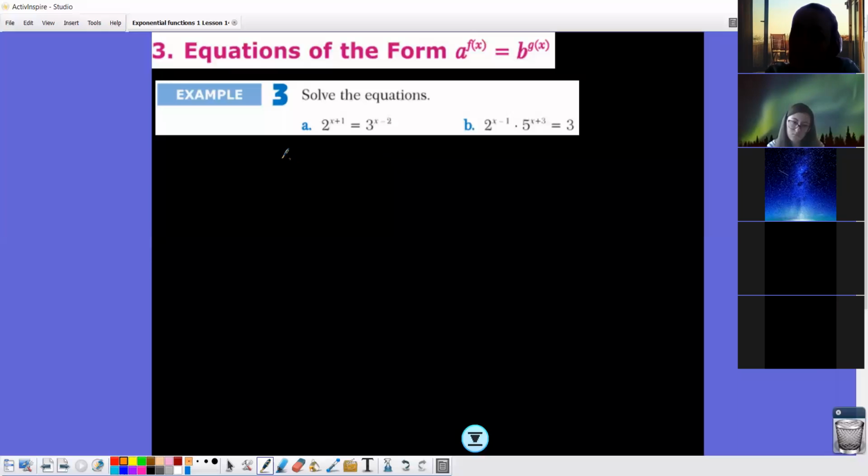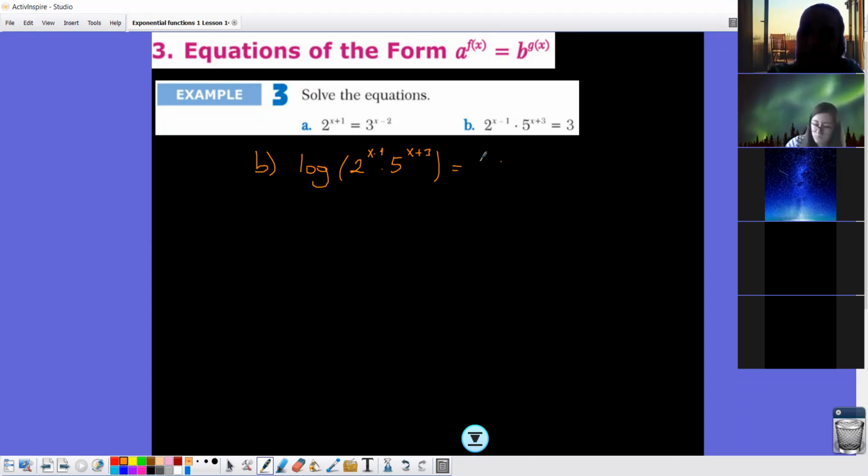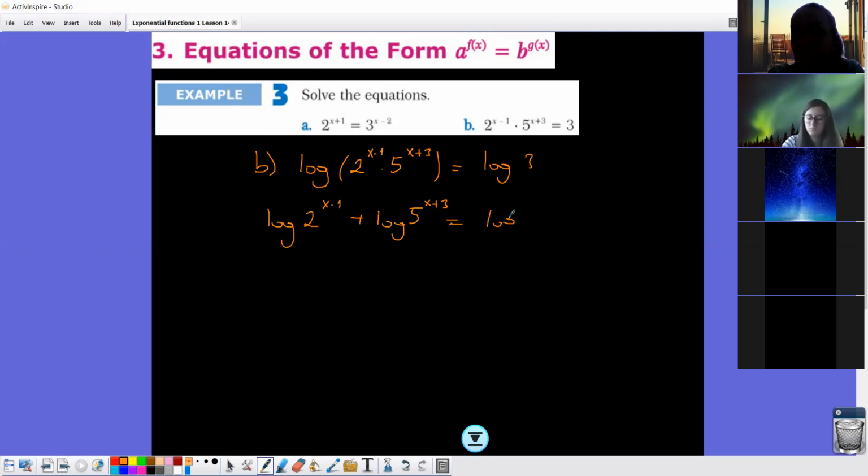We'll take the logarithm again. Logarithm of 2 to the power of x minus 1 times 5 to the power of x plus 3 is equal to logarithm of 3. Now, because you have multiplication, I can separate it: logarithm of 2 to the power of x minus 1 plus logarithm of 5 to the power of x plus 3 is equal to logarithm of 3.